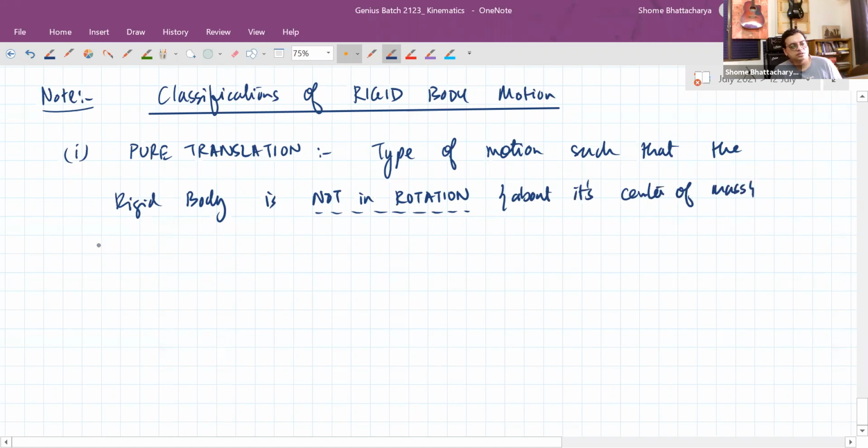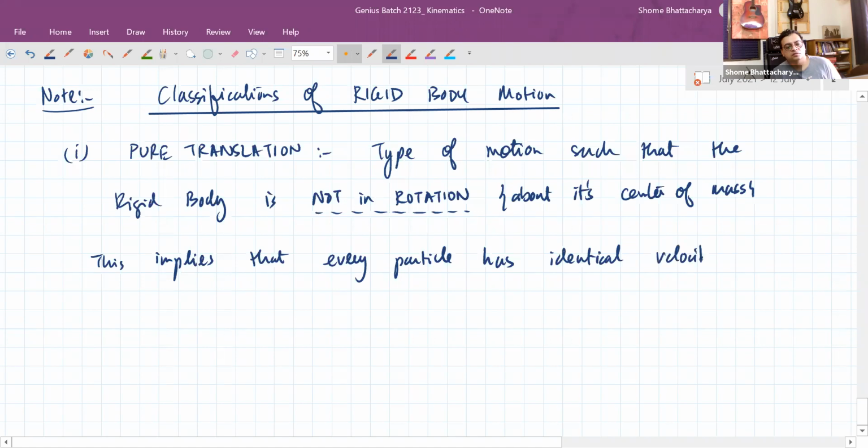What this implies is that every particle has identical velocity, displacement, and acceleration at any instant.